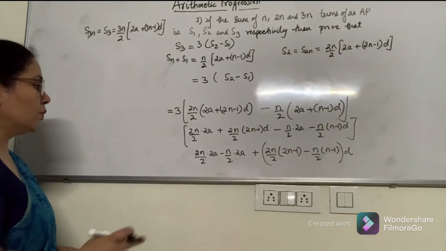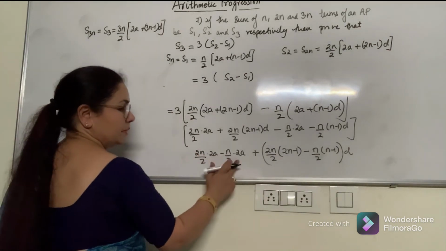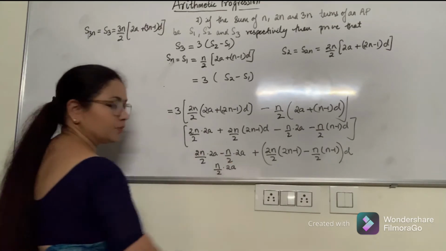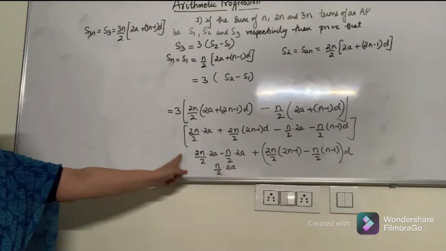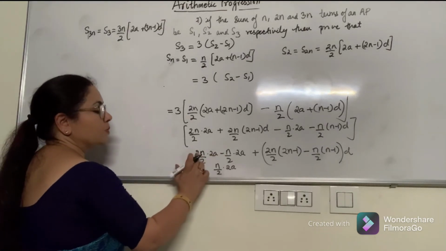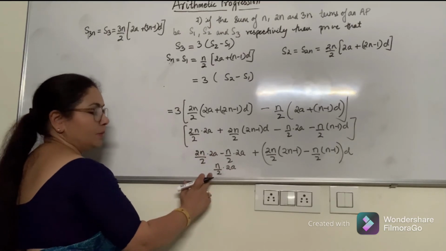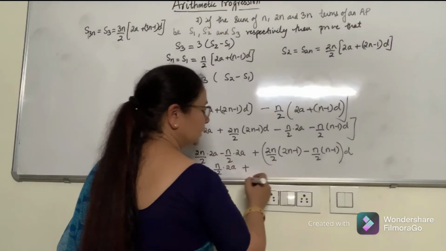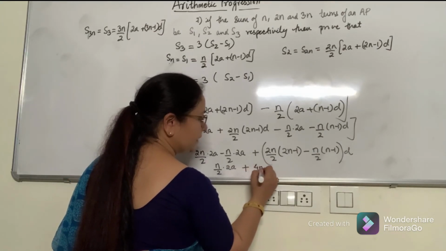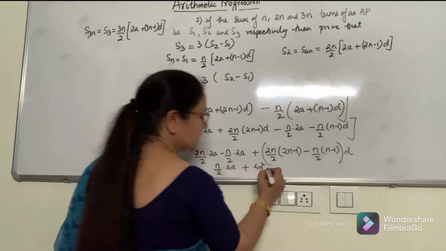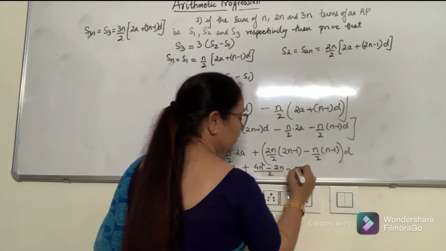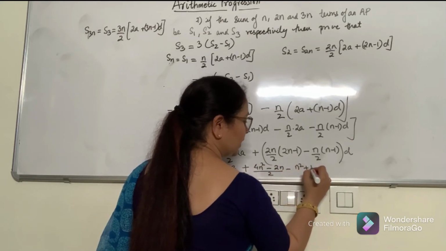So when I subtract from this number, I will get n by 2 dot 2a. If I subtract n by 2 from 2n by 2, I'll get this: take 2a common, and 2n by 2 minus n by 2, we'll get n by 2. And similarly here, I'll open the brackets. So that is 4n square minus 2n over 2 minus n square plus n.